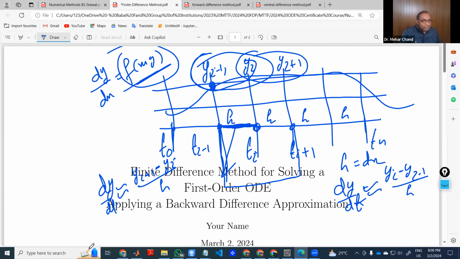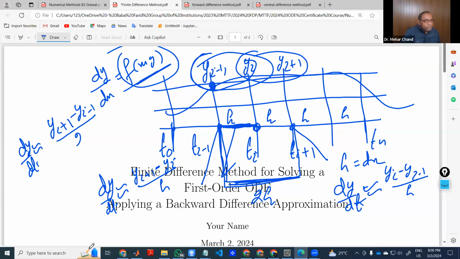Three cases are there. In this case dy/dt will be approximately, corresponding to the points ti-1 and ti+1, where the total length of the interval is 2h, (y(i+1) - y(i-1))/(2h).